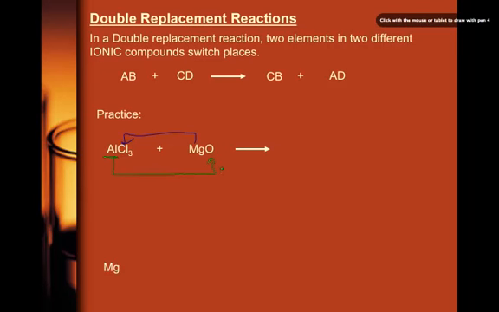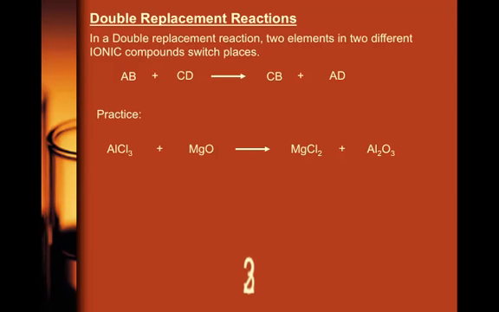So the Mg has a charge in the second column, 2 plus, and it's going to be with Cl, which is a 1 negative. And so when you get that formula, you'll get MgCl2, and the Al with a charge of 3 plus will be with the O, which is a charge of 2 negative. So you'll get Al2O3. And that is your equation for this chemical reaction.